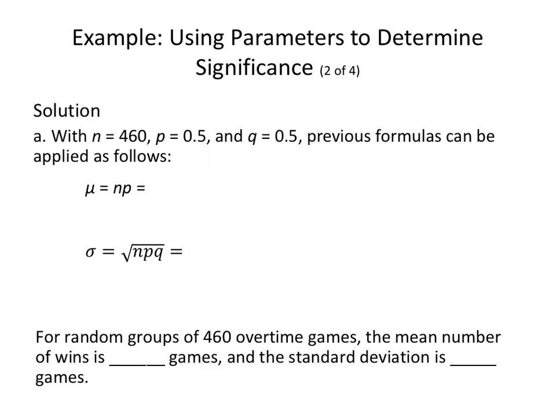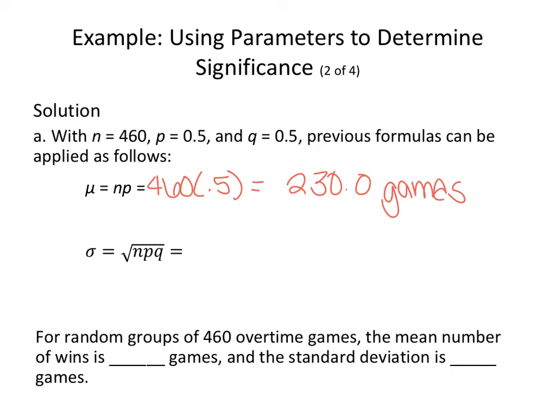When we're looking for the mean and the standard deviation, those formulas are pretty simple. Our mean is just n times p. So all you have to do here is 460 times 0.5, and we should get 230.0 games.